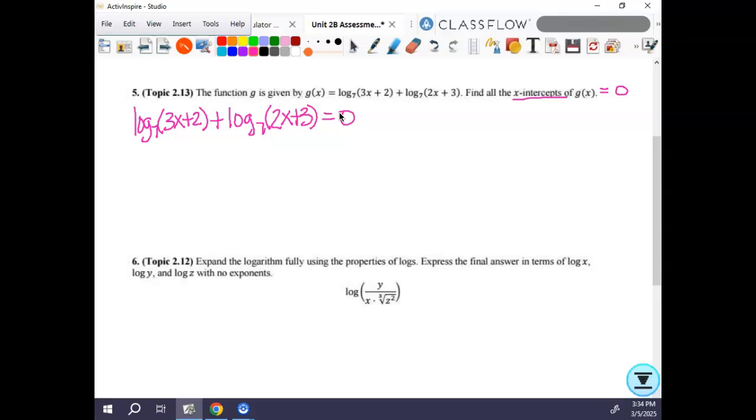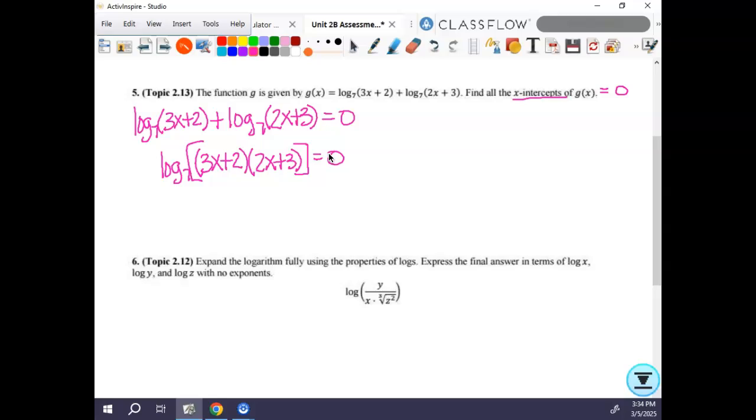On the left-hand side, I need to combine my logs. So this is going to give me log base 7 of 3x plus 2 times 2x plus 3, and that equals 0. I absolutely, positively cannot just drop the logs.